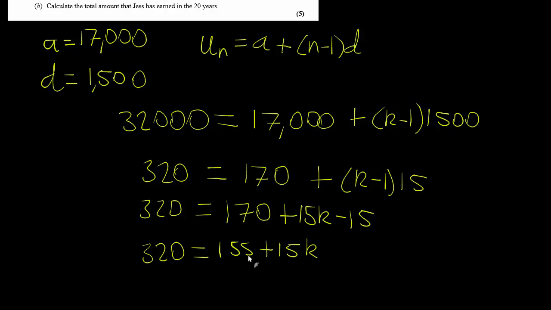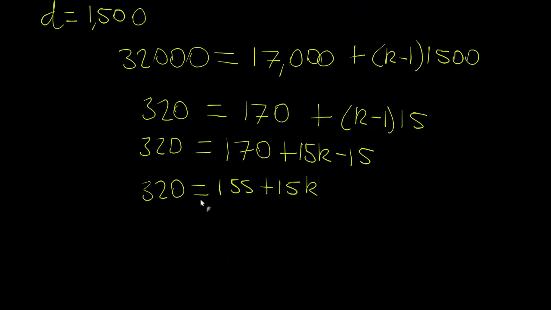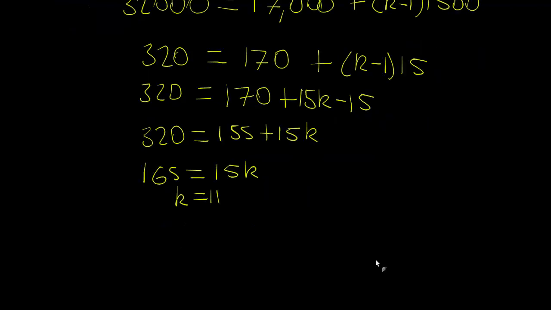Then take away 155 and that gives 165 equals 15k. And so that means k is 11.